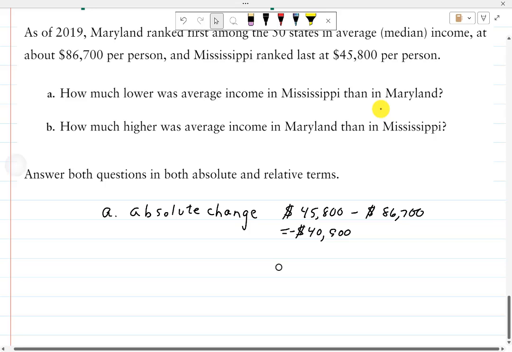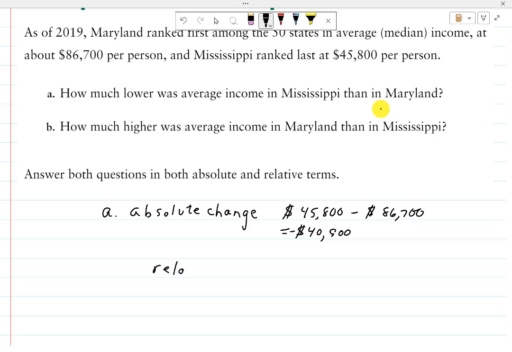Now, if I want the relative change, we're comparing it against the Maryland rates. It's got $45,800 minus $86,700 divided by $86,700 and then multiplied by 100%.